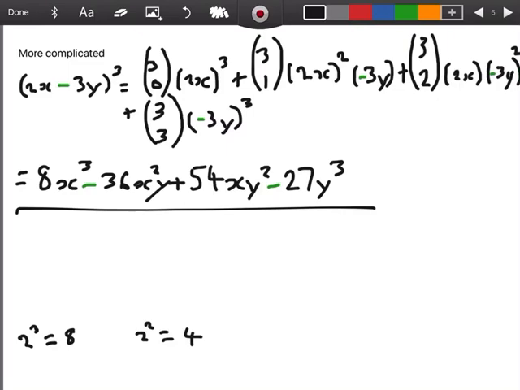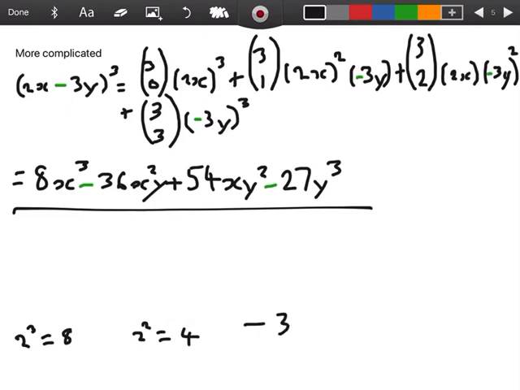And just a wee reminder here that (negative 3y) squared equals negative 3 squared times y squared.